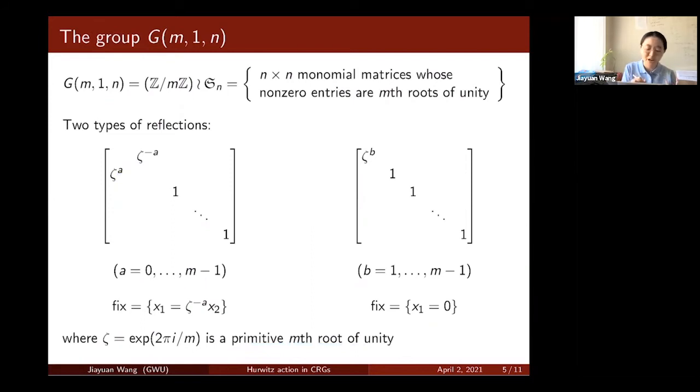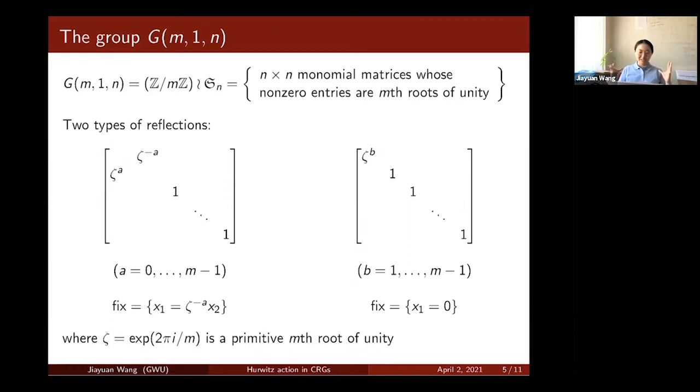So the order of a transposition-like reflection is 2. The second type of reflection is called the diagonal-like reflection, because this is a diagonal element. For this type of reflection, the order may be bigger than 2, depending on what this exponent is.